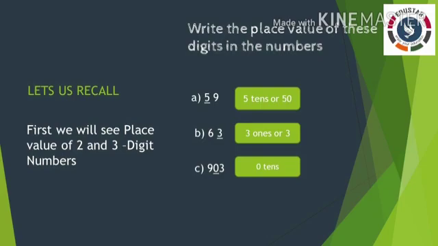In that number 59, can you see the number 5 which is underlined? Okay. Now, can you tell me the place value of 5? Can you guess? Good. 5 is in tens place, isn't it? So, the place value of 5 is 5 tens or 50.